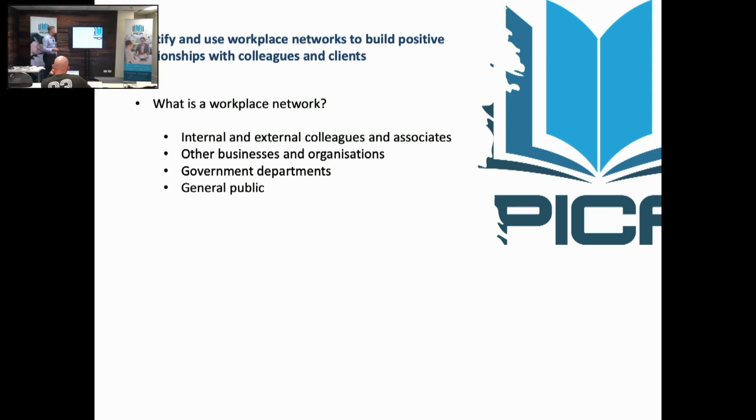So there's the internal and external. There's other businesses and organisations, government departments and general public. So it probably depends also on your personality if you get out there and talk to people. But just having a good relationship with the local police in your area can really help.